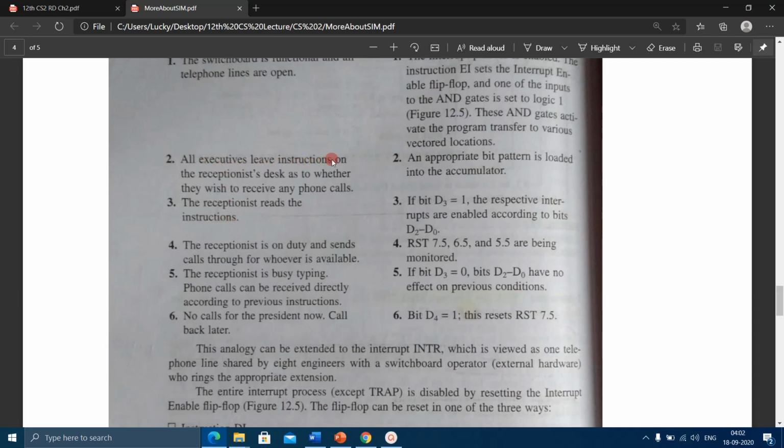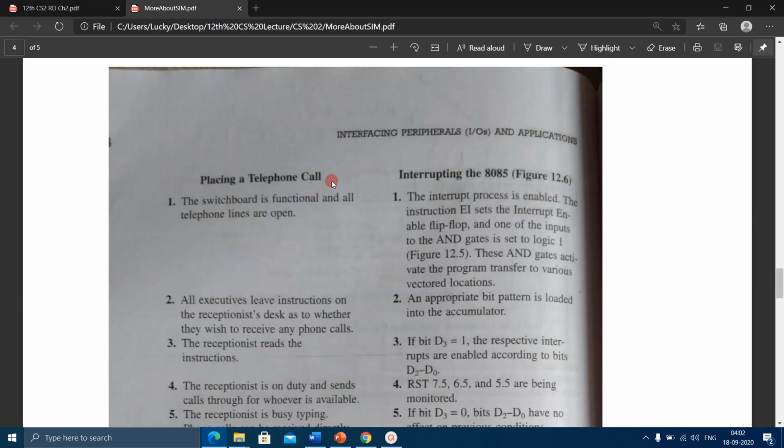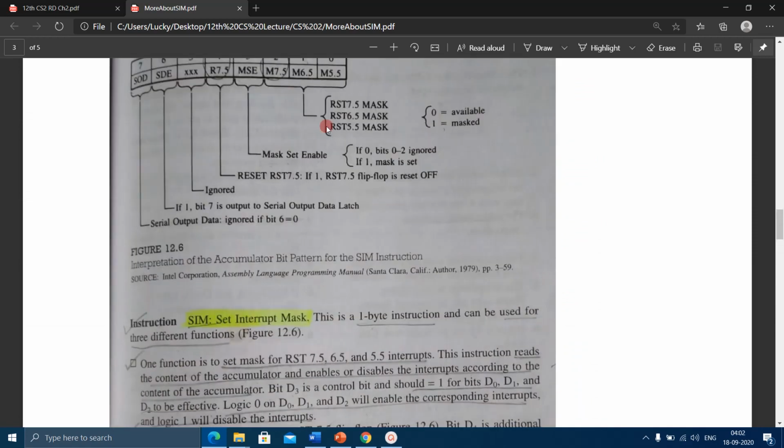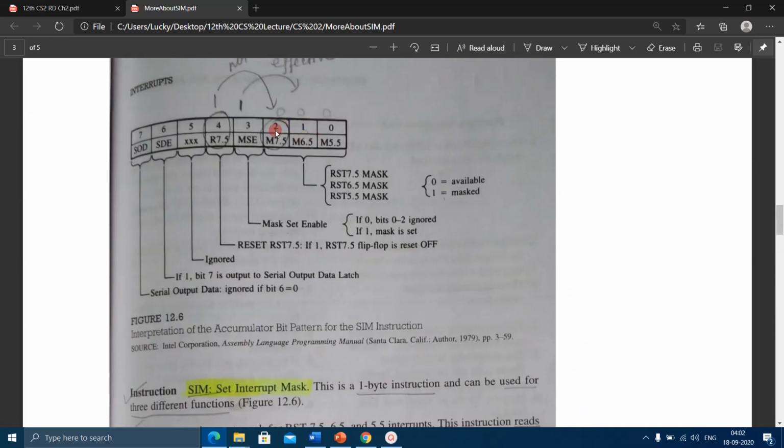All executives leave instructions on the receptionist desk as to whether they wish to receive any phone calls or not. So these are the instructions. If this is 0, that means the president is available to receive the call. If it is 1, that means the president will ignore the call.